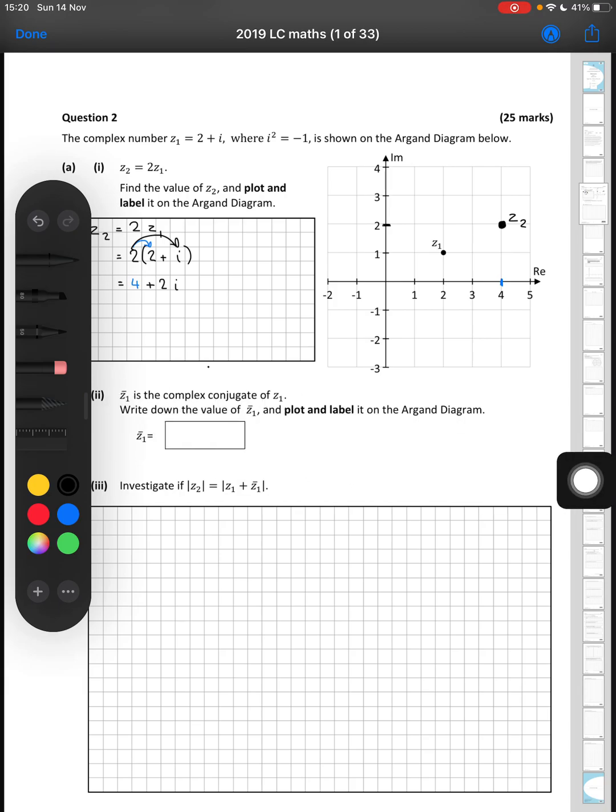We know that the complex conjugate means you change the sign of the imaginary part.